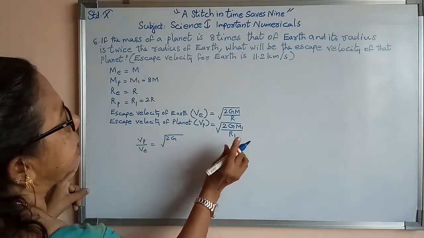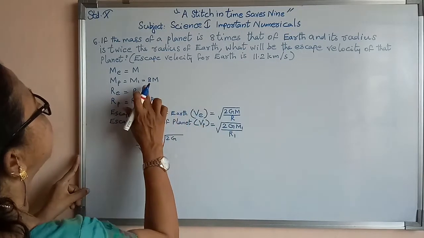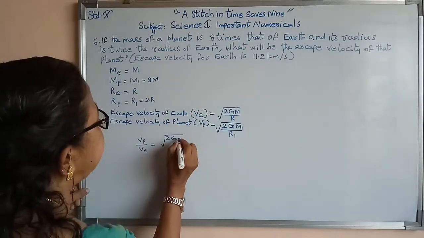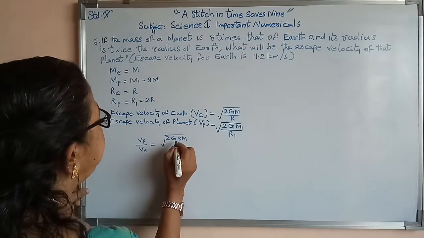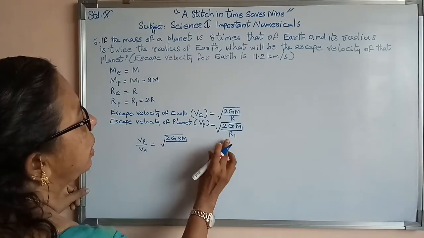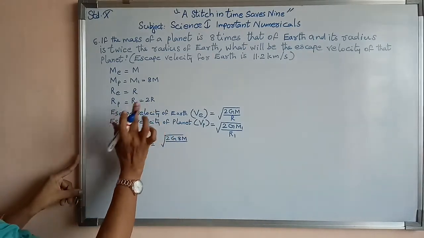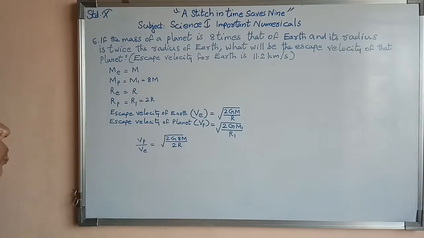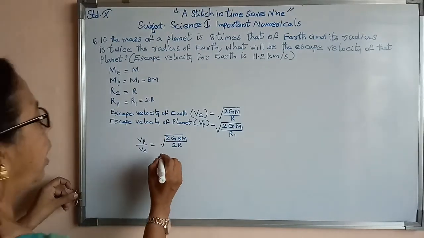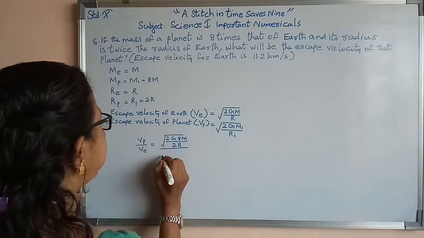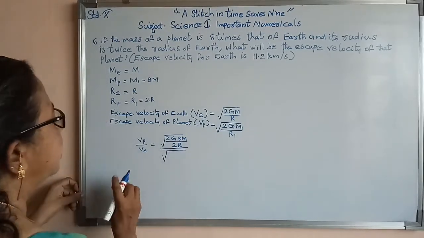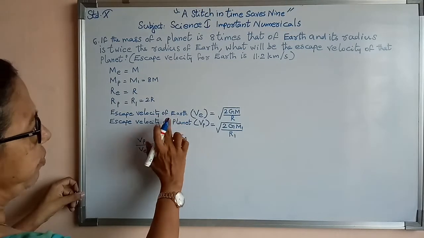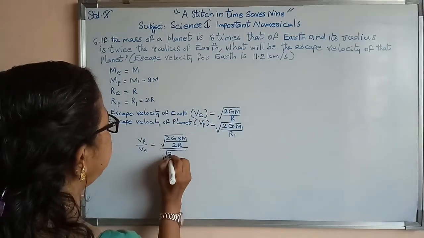Now 2G, then instead of M1 I am writing here 8M upon R1, and R1 here is 2R, upon square root of Ve, the escape velocity of Earth.